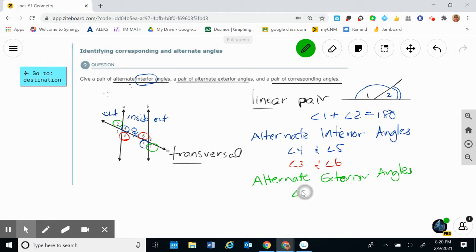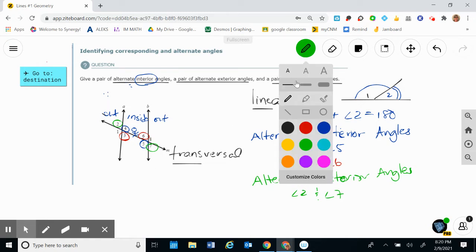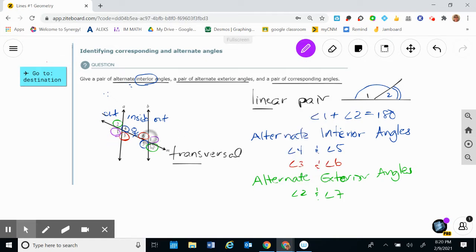And you might think, well, what do they have to do with each other? But if you think about it, they're kind of in the opposite position, both on the outside, on opposite sides-ish. So we have names for these. Also angles 1 and 8 are alternate exterior. See, with the transversal, they're on opposite sides.